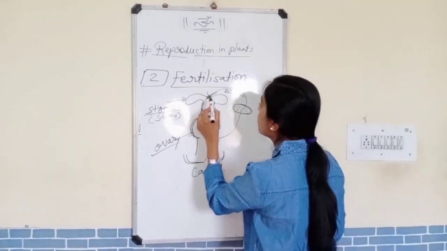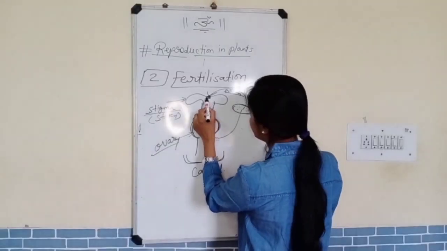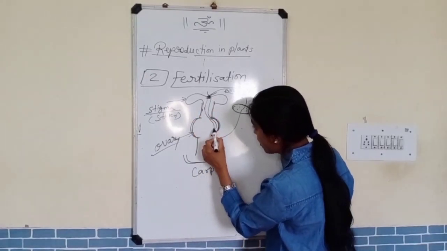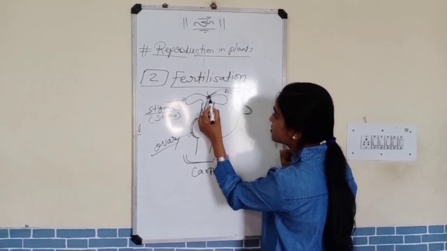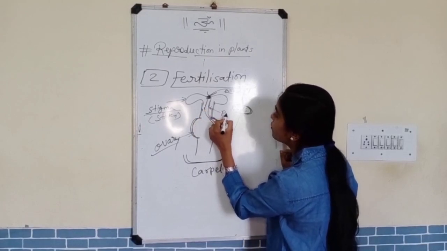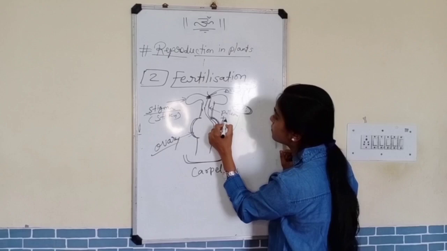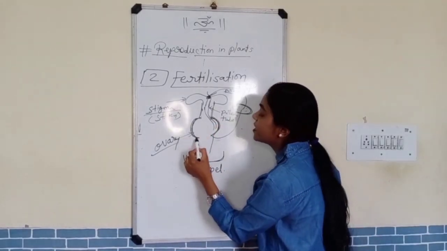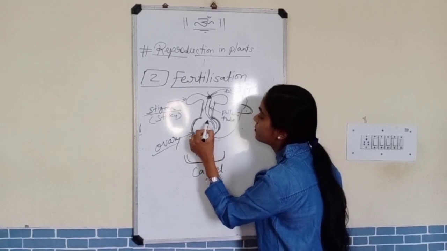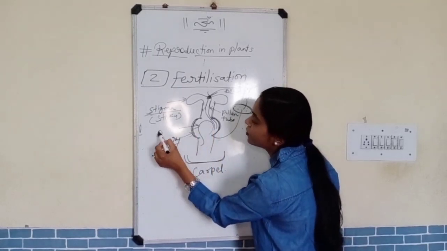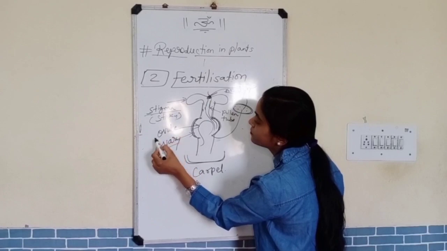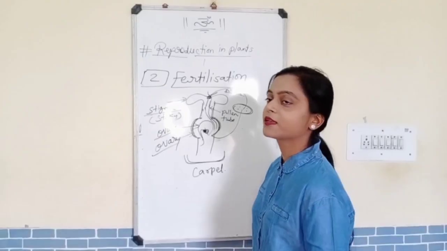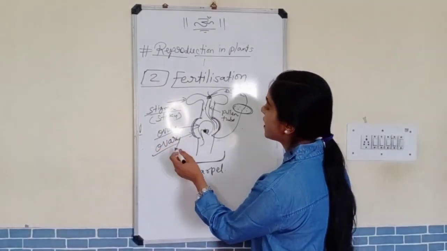Now the pollen grain bursts here and makes a tube-like structure, called the pollen tube. Inside the ovary, there was the ovule, as we have learnt before. This is the ovule, the female part, situated in the ovary.